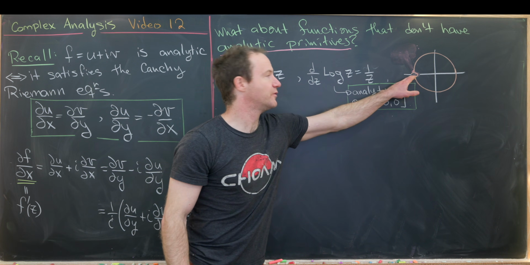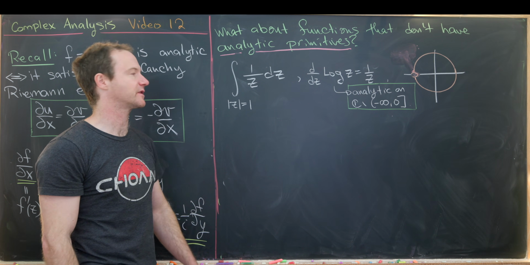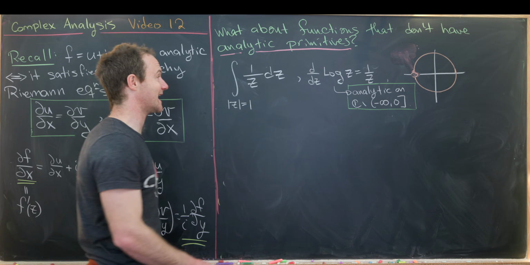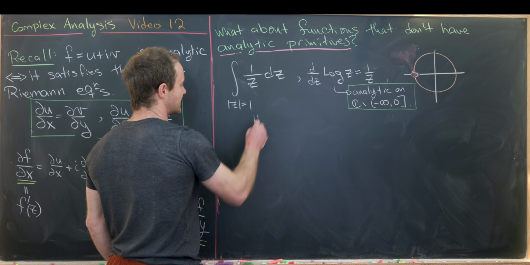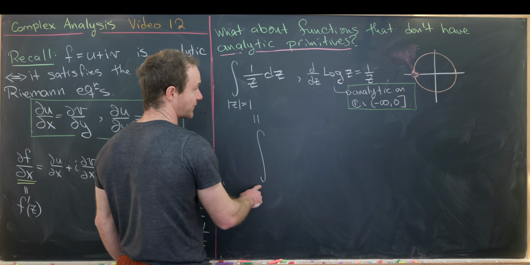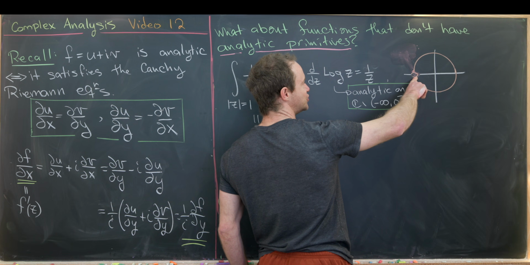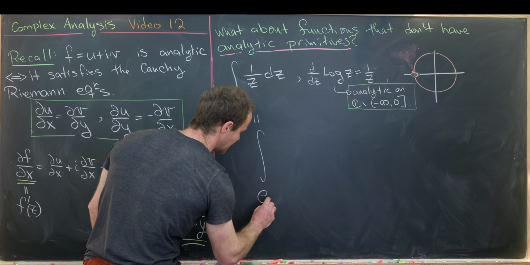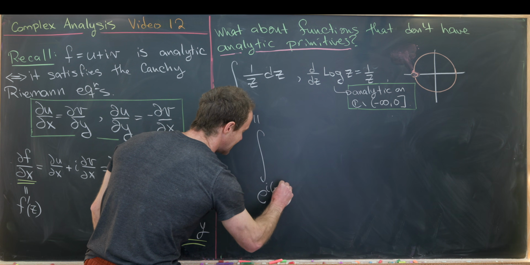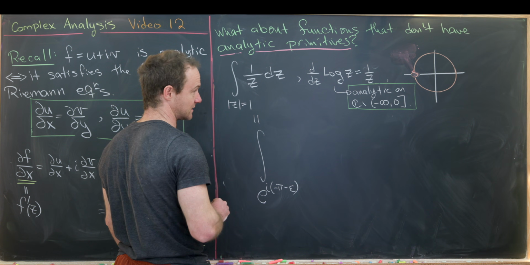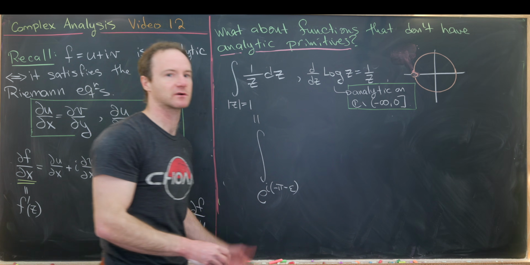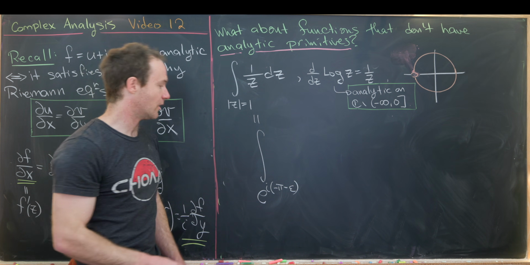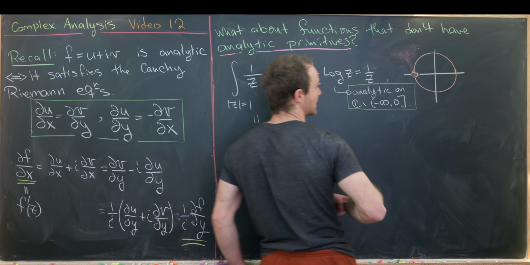Okay, so after removing this little bubble, now we can apply the fundamental theorem of calculus because we're in a region where this primitive is analytic. So that means we can write this as the integral from a point that's just outside of this bubble but below. So that would be of the form e^(i(-pi + epsilon)), keeping in mind that we're still on the unit circle and everything on the unit circle is of the form e^(i theta).